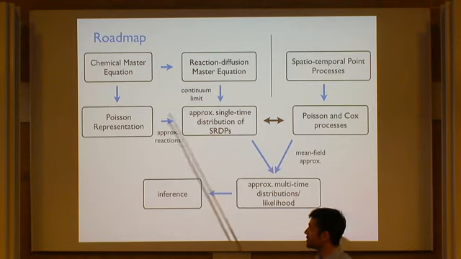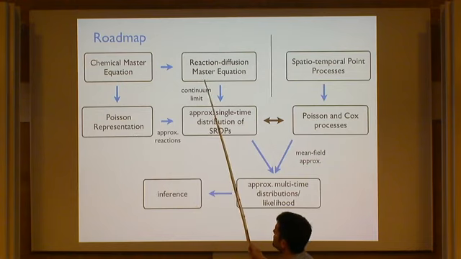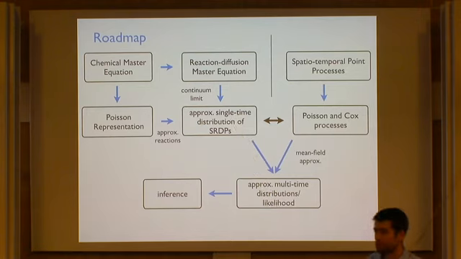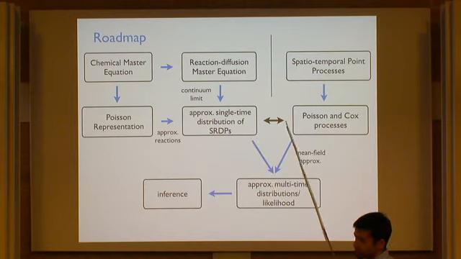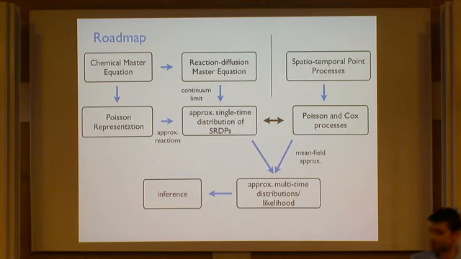Using this one and certain approximations for certain reactions, we will apply it to the reaction-diffusion master equation, take the continuum limit, and obtain an approximation for single time distributions of stochastic reaction-diffusion processes. And this will allow us to show that there's a connection for single time probability distributions between our reaction systems and Poisson and Cox processes. This will be our first result.